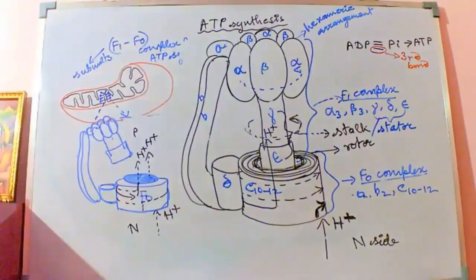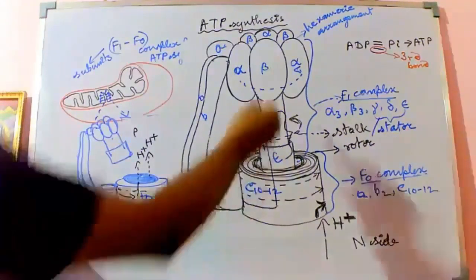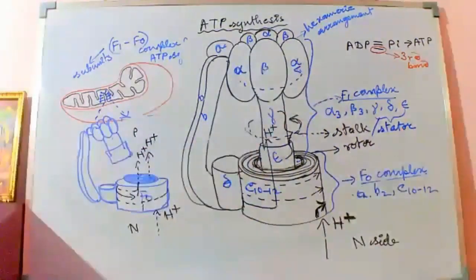This spinning force of the hexameric head containing the alpha and beta subunits helps in creating a driving force which helps in drawing the proton out from the N side to the P side.